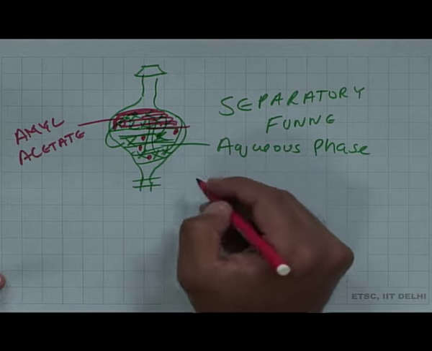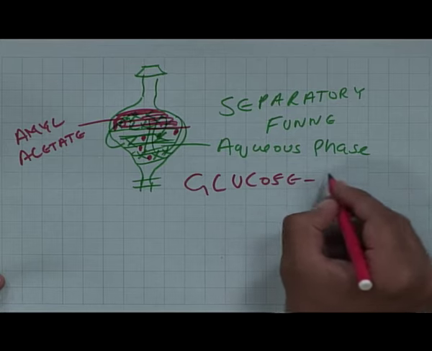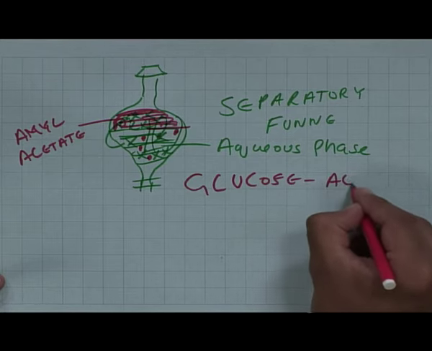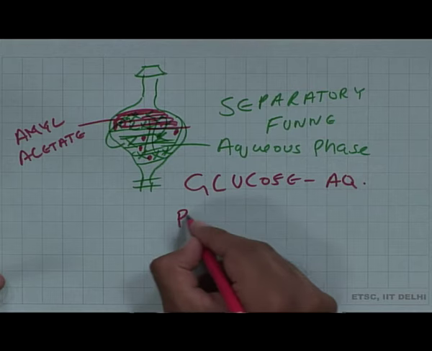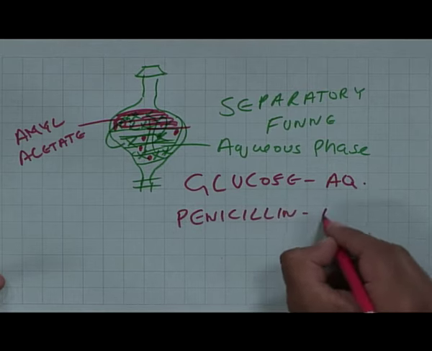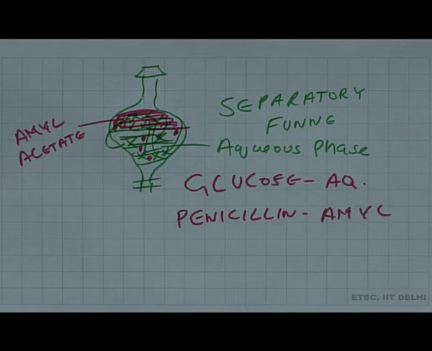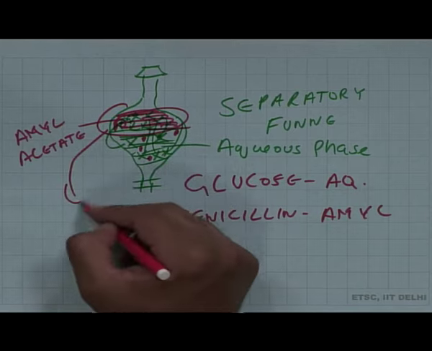So, what happens? Glucose remains in the aqueous phase, while penicillin moves to the amyl acetate phase. And then you can just recover this.